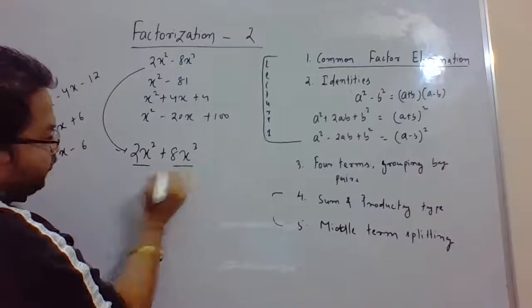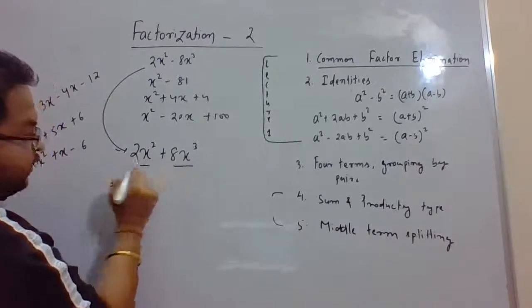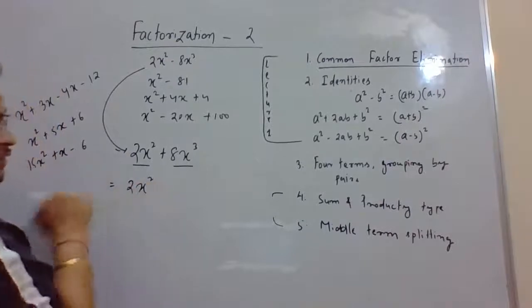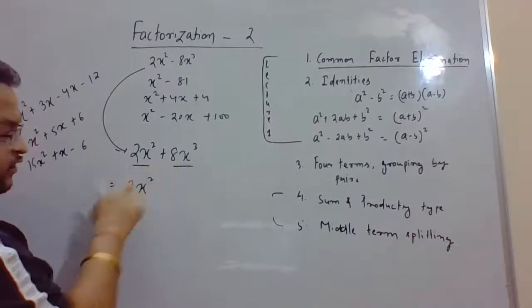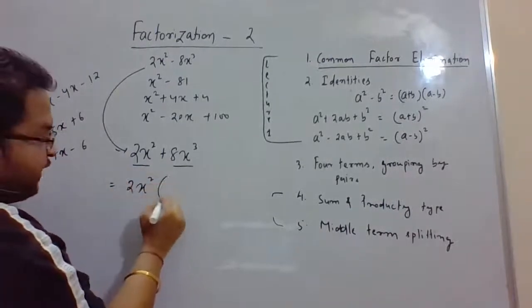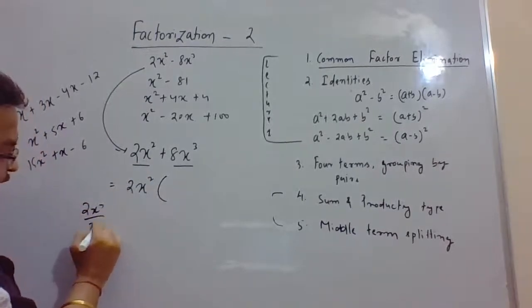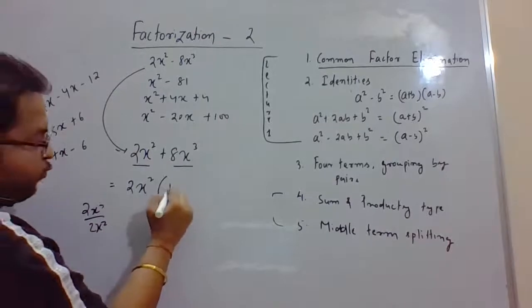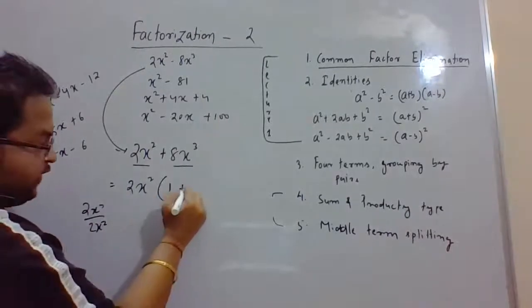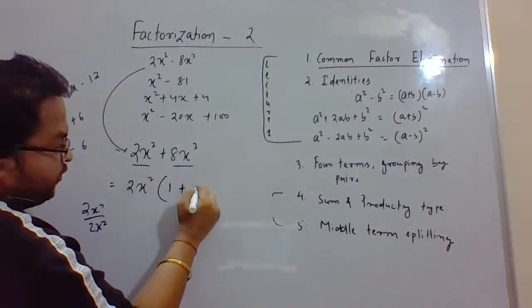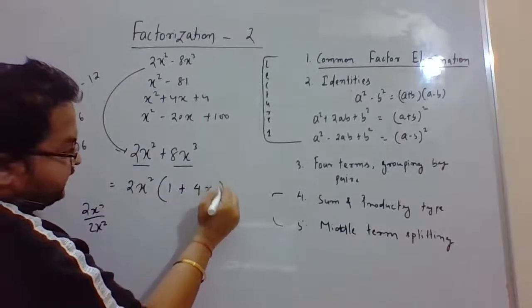Now between these two terms, the highest common factor is 2x squared. If I take 2x squared as the common factor, then the first term becomes 2x squared by 2x squared, that is nothing but 1, plus 8x cubed by 2x squared, which is nothing but 4x.